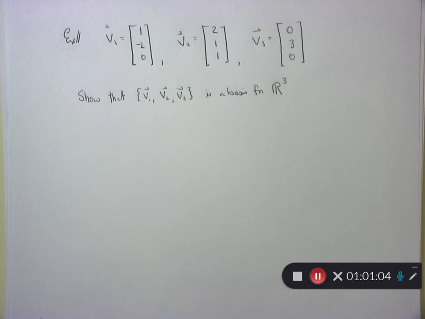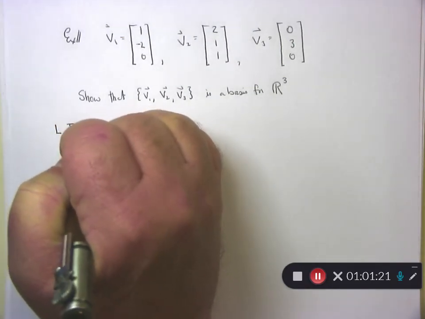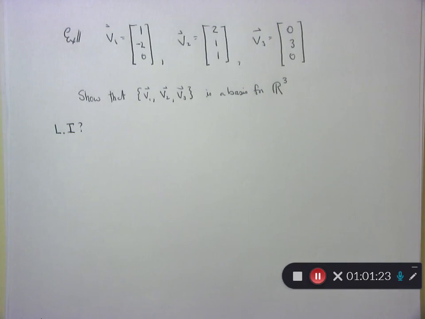Okay. To be a basis, you've got to be what? The first thing in your definition of a basis: linearly independent. The first thing you should think of in terms of the word basis is linearly independent. That's what you need to show. How do I show it's linearly independent?